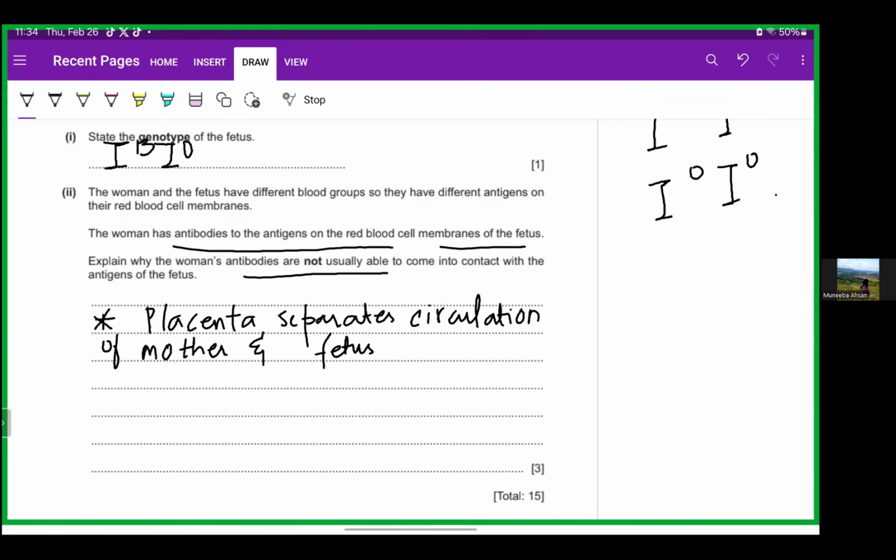Another important point is that these antibodies, I'm writing it in short, are bigger and cannot pass through the capillaries. Hence, they do not enter the circulation of the fetus.